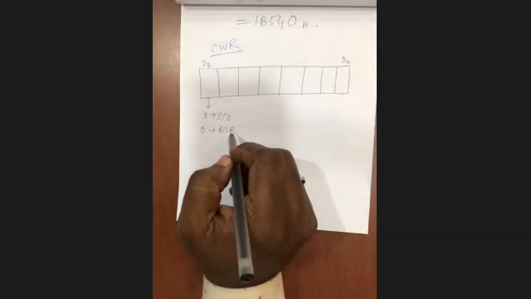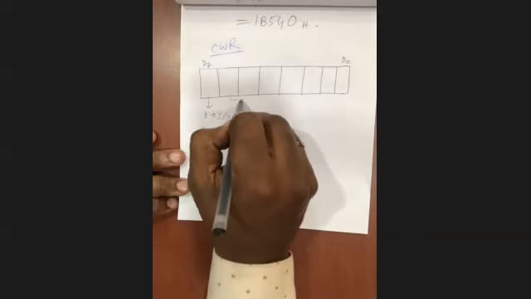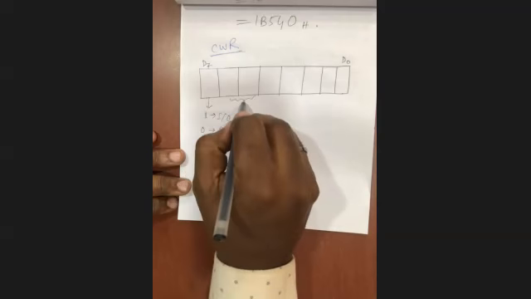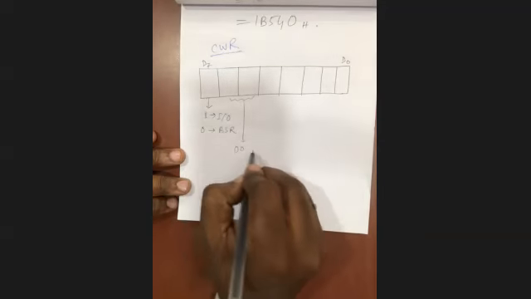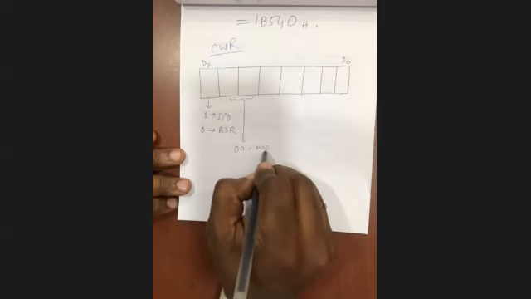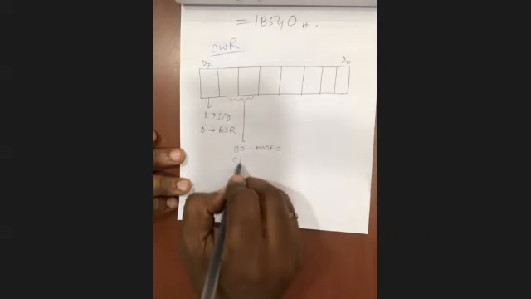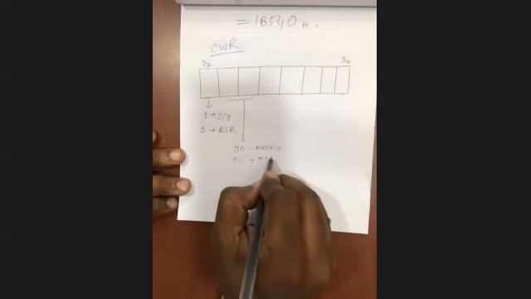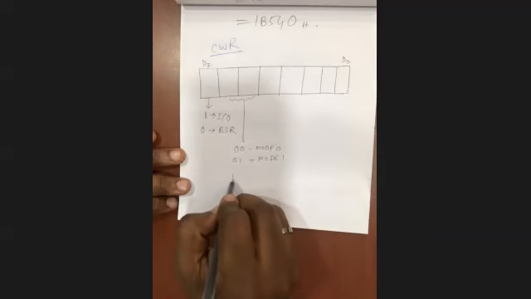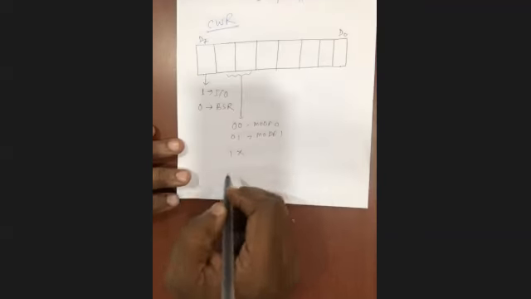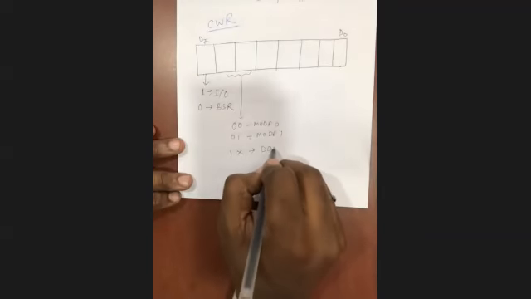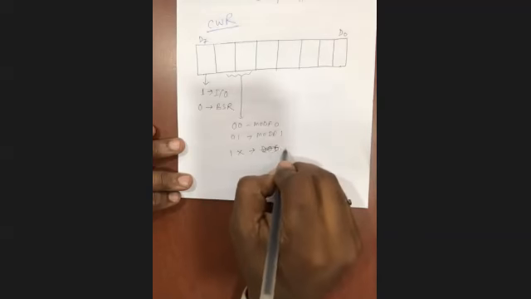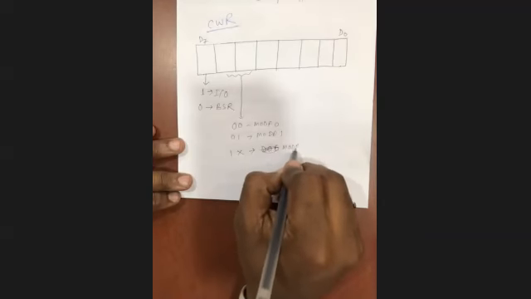Next, these two bits are for mode selection: 00 is mode 0, 01 is mode 1, and 1x, meaning maybe 11 or 10, is mode 2.